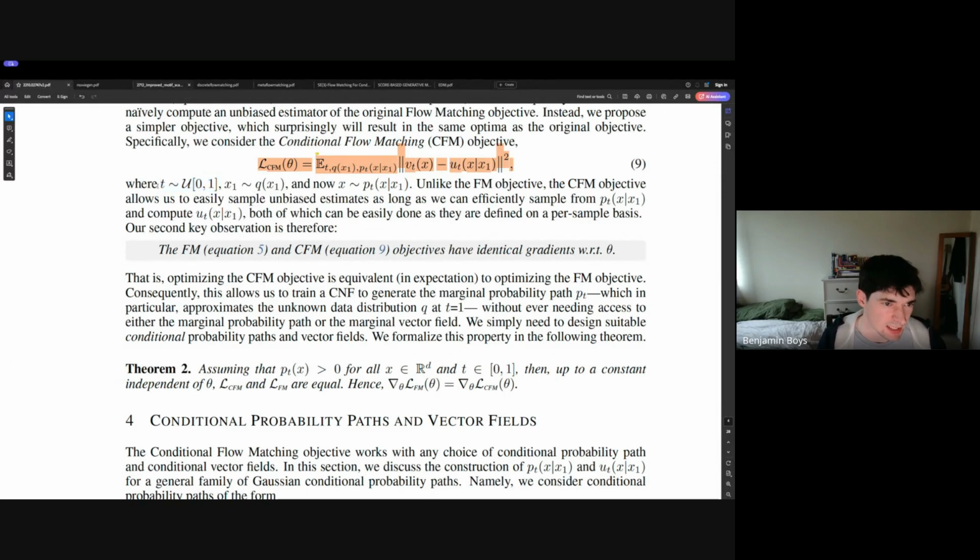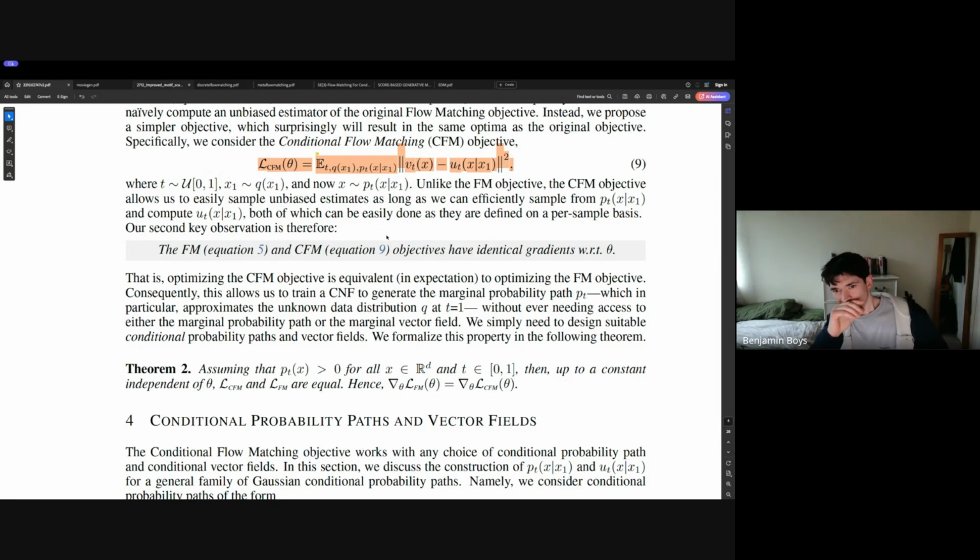But actually, T doesn't have to be uniformly sampled, because if you evaluate a different distribution of T, you would just get some kind of importance sampling, and you get a weight, which is the reweighting of those two distributions, and that comes out as a constant out the front of this objective, and that is called likelihood weighting. Now, in the design of diffusion models, you can use different options for this likelihood weighting that all produce different quality of samples. So that's something you could explore in the design space.